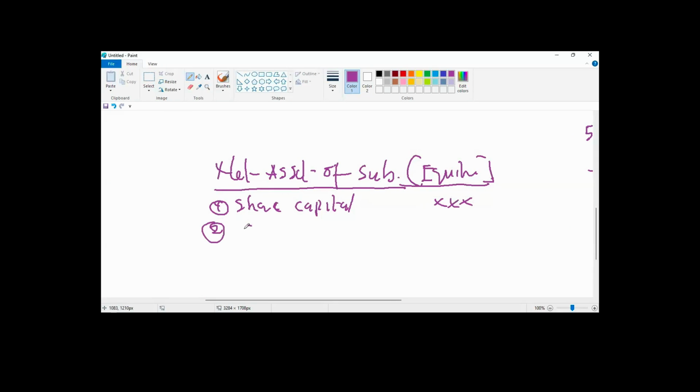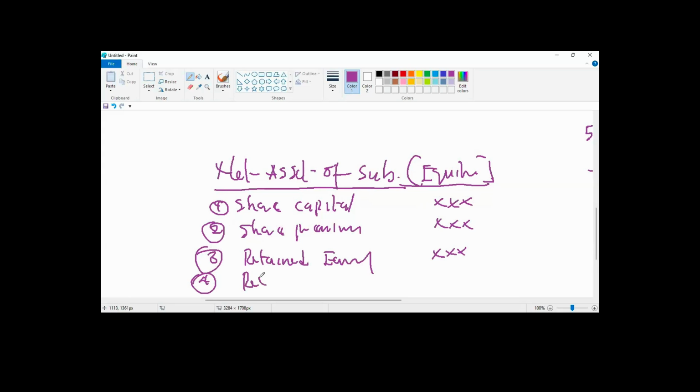Two, share premium. Three, retained earnings. Four, revaluation surplus.